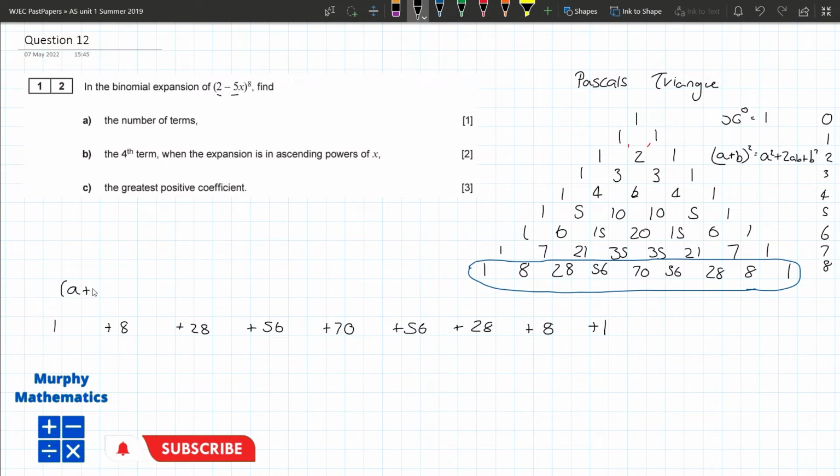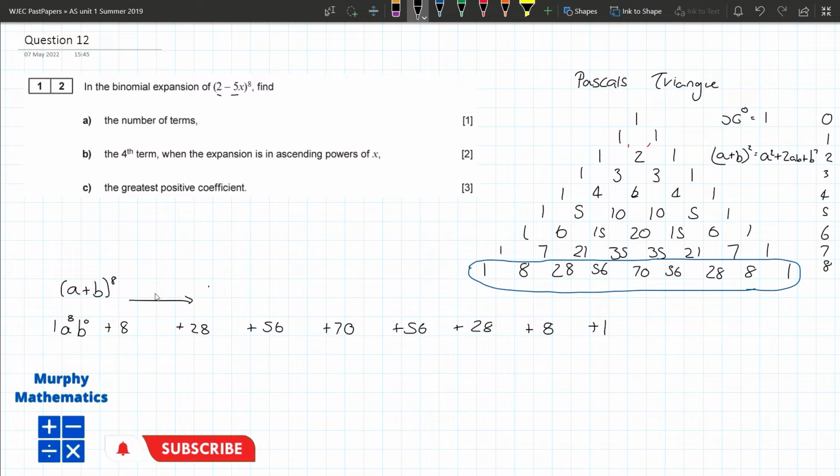Just as an example, if I use (a + b)^8, because I'm dealing with power 8, I've got my coefficients. Then we sub a and b in. As we go down these coefficients, a will start at power 8 and b will start at 0, and anything to the power 0 is 1, so it just cancels.